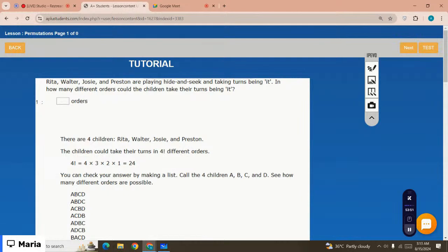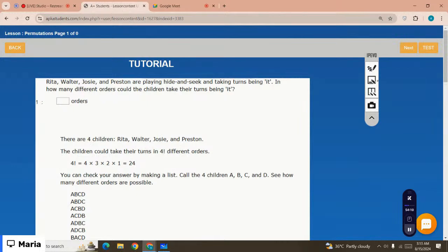Okay, so you have a total of 4 children, right? You have to see how many different orders they can take their turns. So you have to do 4 factorial, right? 4 factorial means 4 times 3 times 2 times 1. So the correct option is 24.